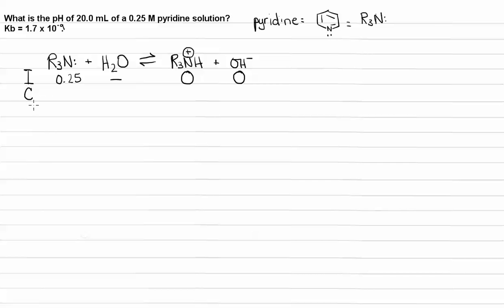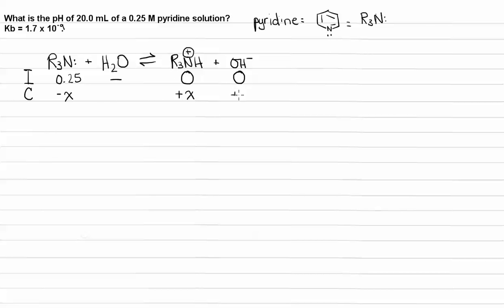In the change, the equilibrium is going to shift to the right because we have no products. So at equilibrium, we will have some products. So the equilibrium is going to shift to the right. In that shift, we're going to subtract x because the coefficient here is 1. We're going to gain x for conjugate acid, R3NH, because the coefficient is 1.